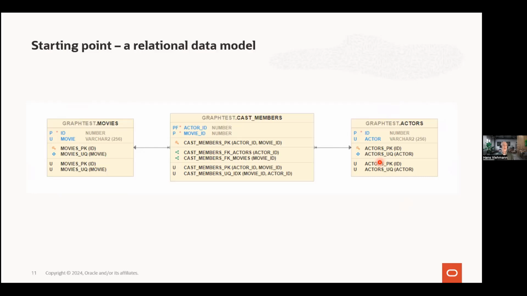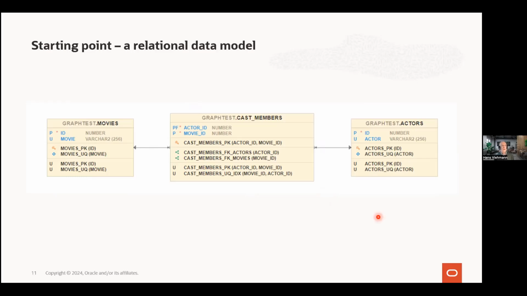One actor is typically on the cast of 1 or more movies, and typically also movies have 0 or more actors. So there's an end-to-end relationship, meaning if we have this implemented in third normal form, we need to have this intermediate table that resolves this end-to-end relationship into 2 one-to-end relationships.